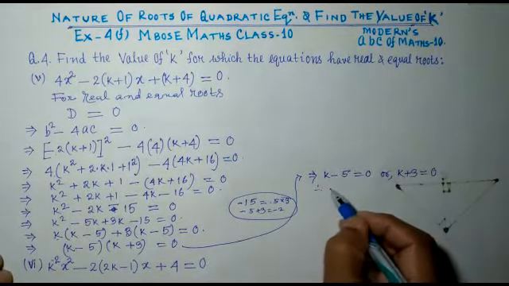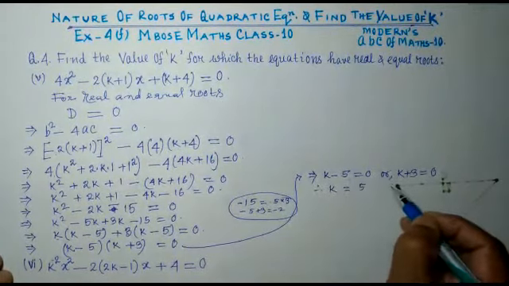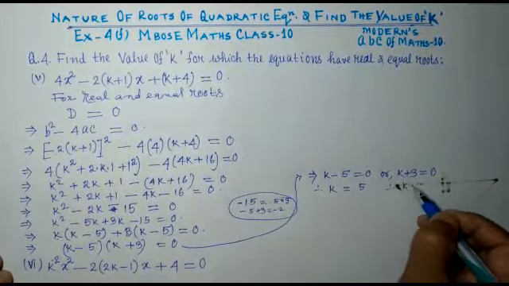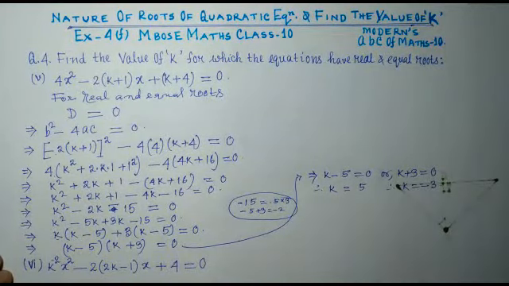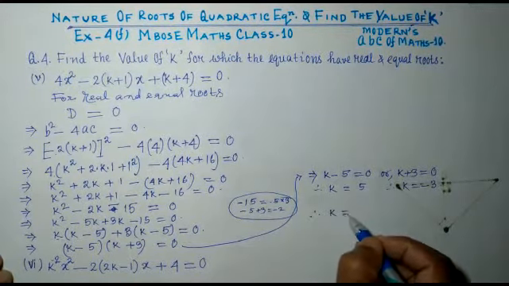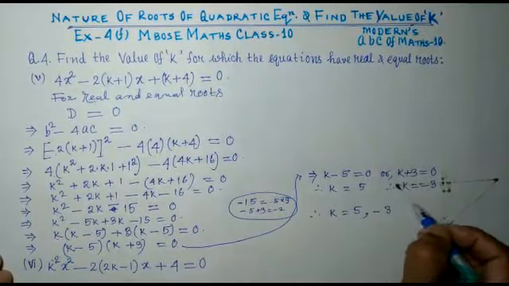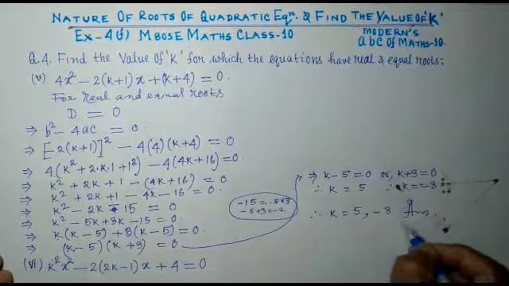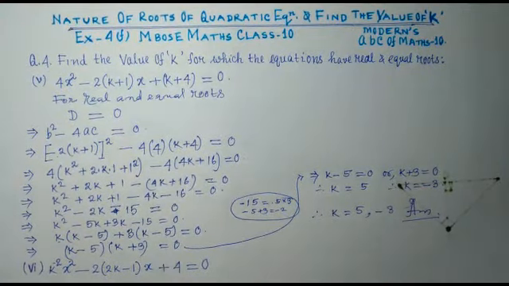So we will have here k is equal to plus 5, take it right side. And from here k will be minus 3, take plus 3 to the right side. K is minus 3. So our answer we can say k is equal to 5 and k is equal to minus 3. That is our answer. So look at the next question, number 6.